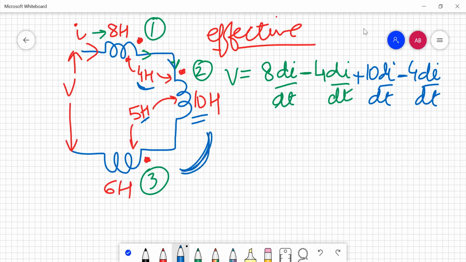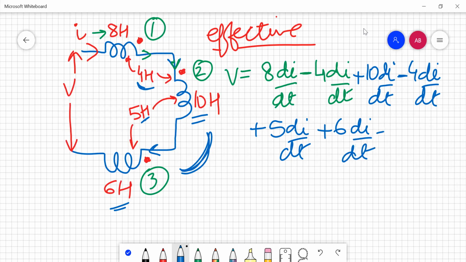The current is entering at the dot and the current is also entering at the dot here. So that means this 5 will be positive di/dt. Now we come on to the last one. It will be plus 6 di/dt. And as we know that this mutual inductance is positive, this will be this term.